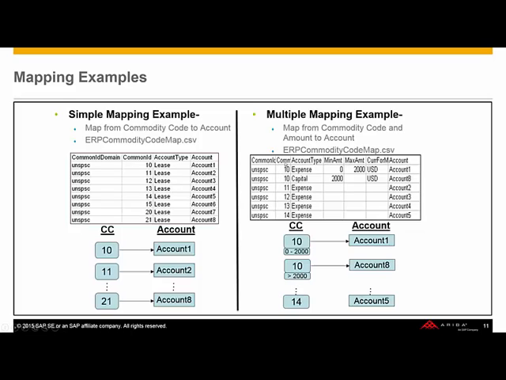For example, if my commodity code is 10 and my purchase is up to $2,000, then I'm going to default account 1 on my requisition. But if I choose that same commodity, commodity 10, and I'm over 2,000, instead it's going to default account 8. So this is a multiple mapping example using dollar thresholds.